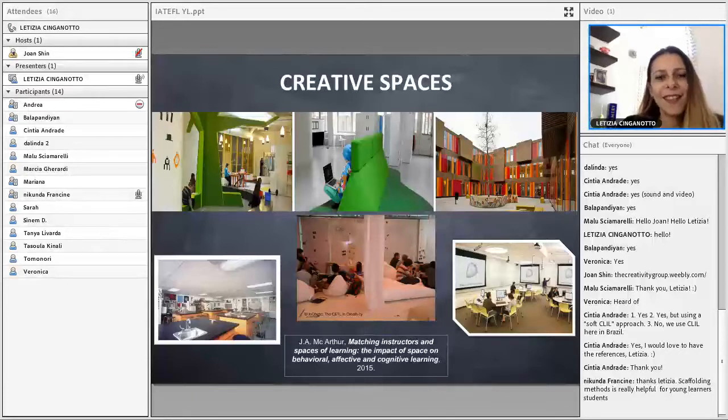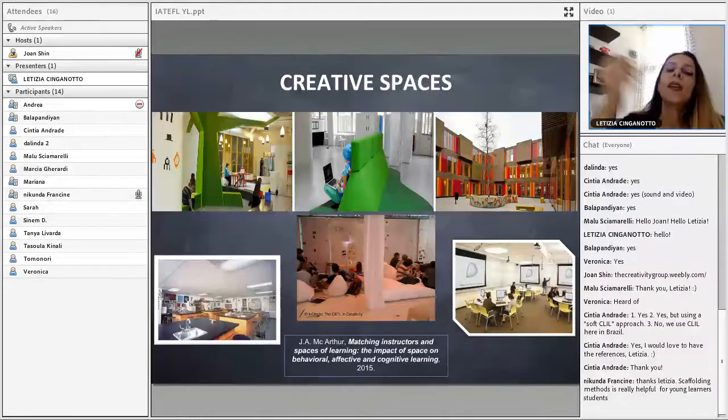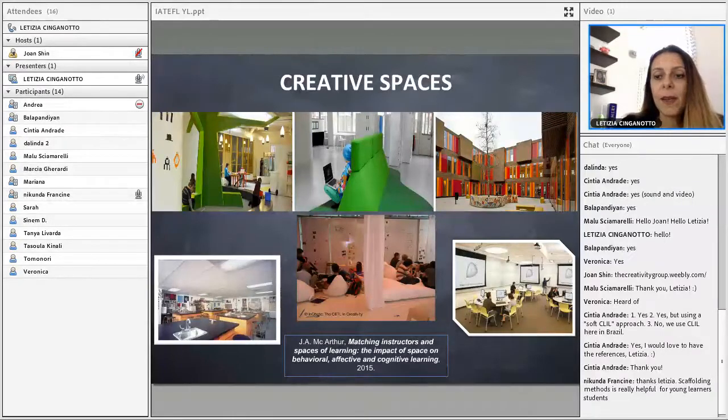Maybe some of our highlighted schools have some examples of this, but of course in our institute there's a research group studying this particular aspect in some other countries in Europe, to learn from them. So an unconventional use of the space and the furniture can help be creative and, of course, deliver your content in a foreign language in a very effective way.